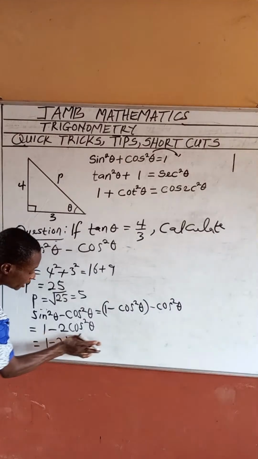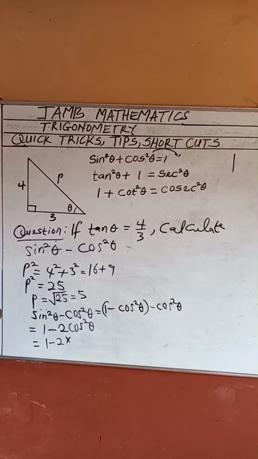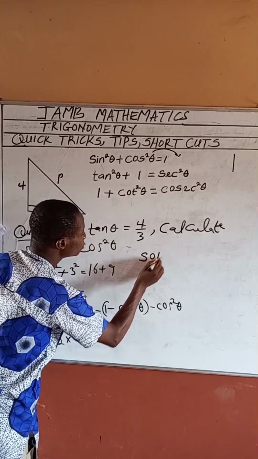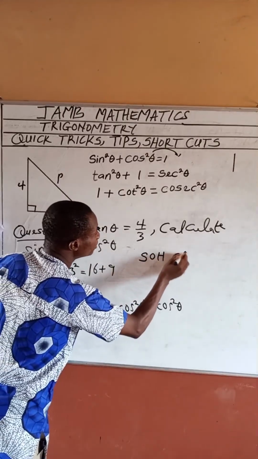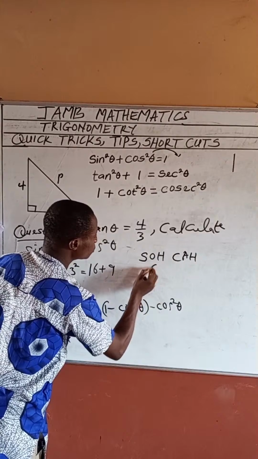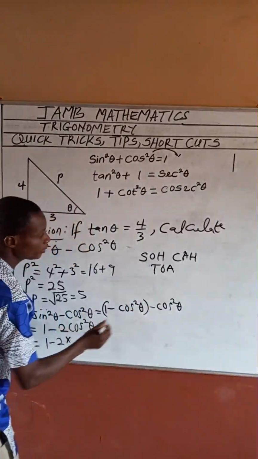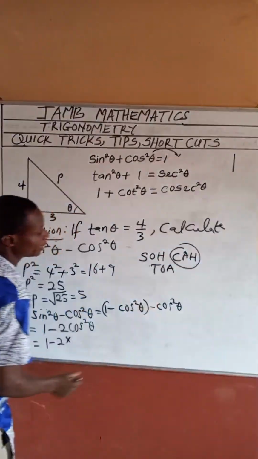Okay, what is cos theta first? Cos theta is adjacent over hypotenuse using SOHCAHTOA. This one is for cosine.